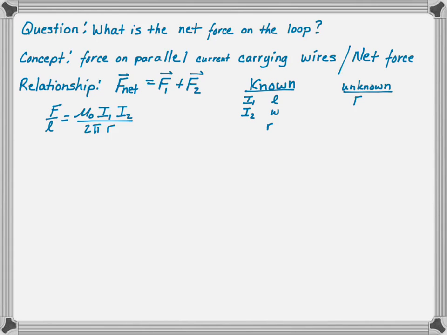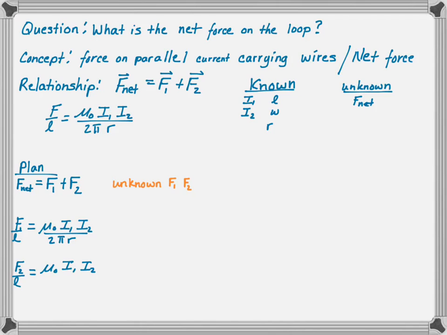So what's known is the current in 1, the current in 2, the length and the width of the rectangle, and R, the distance from the straight wire to the current carrying loop. What's unknown is the net force. So the plan is to start with the relationship net force is equal to F1 plus F2. What's unknown is F1 and F2.